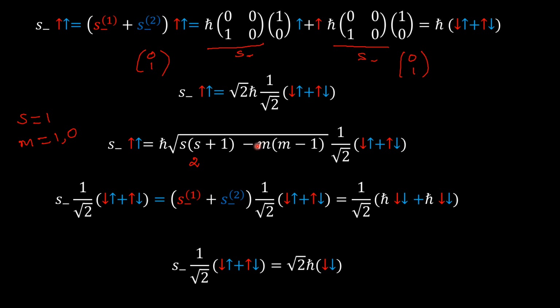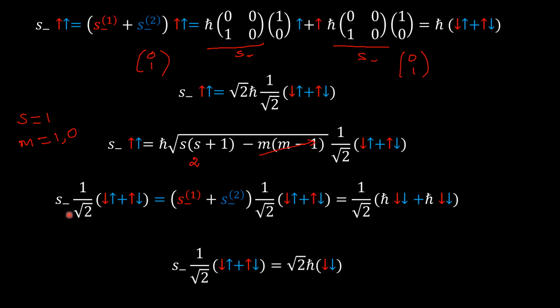If M is 0, this will be 0. So this will always be 0; you can ignore. So I will get square root of 2 h cross, and this energy state 1 over square root 2, which is a normalization constant, spin down spin up plus spin up spin down, exactly what we got from this matrix multiplication. I got this using the Clebsch-Gordan coefficients. Please refer to my lecture on angular momentum.